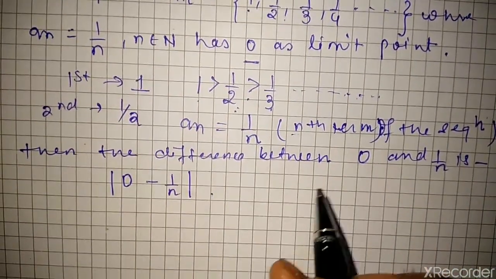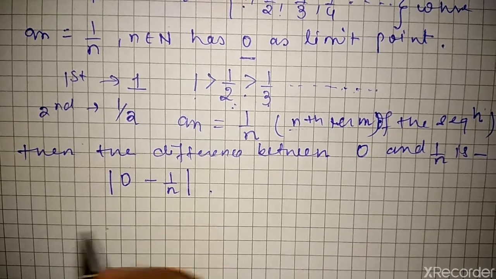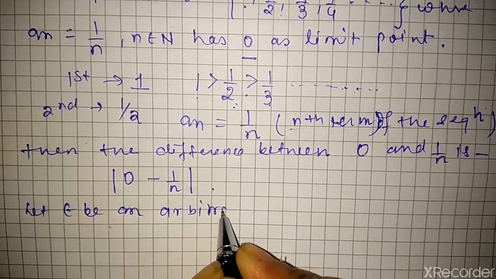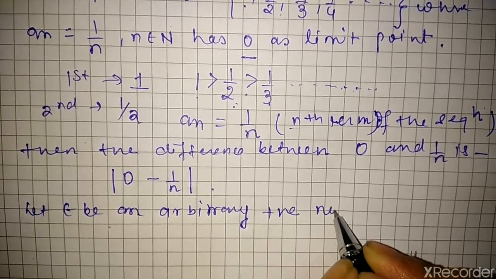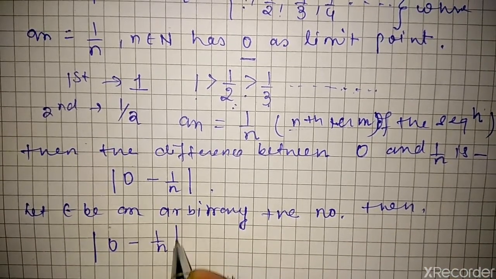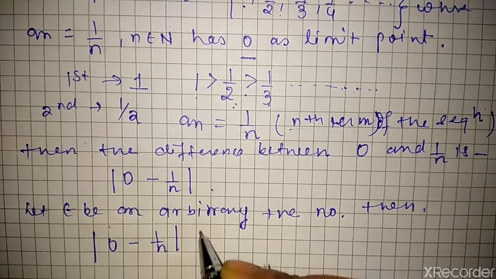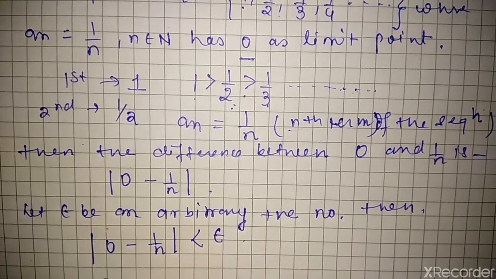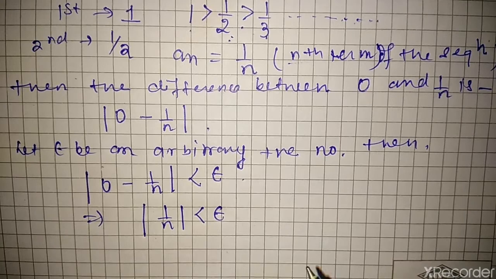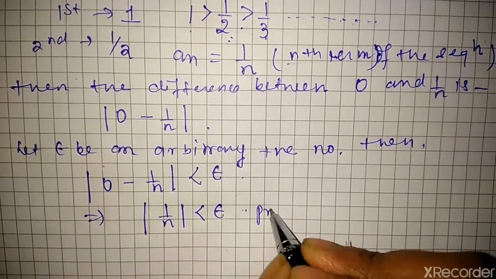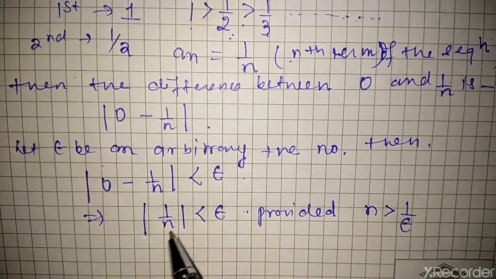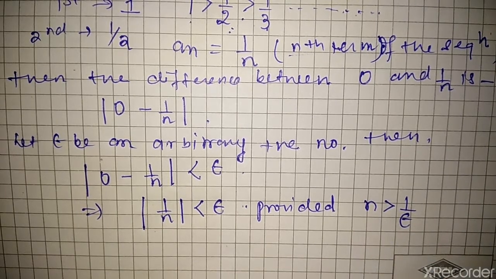So let epsilon be an arbitrary positive number. Then mod of 0 minus 1 by n, that is mod of 1 by n, is less than epsilon provided n is greater than 1 by epsilon.